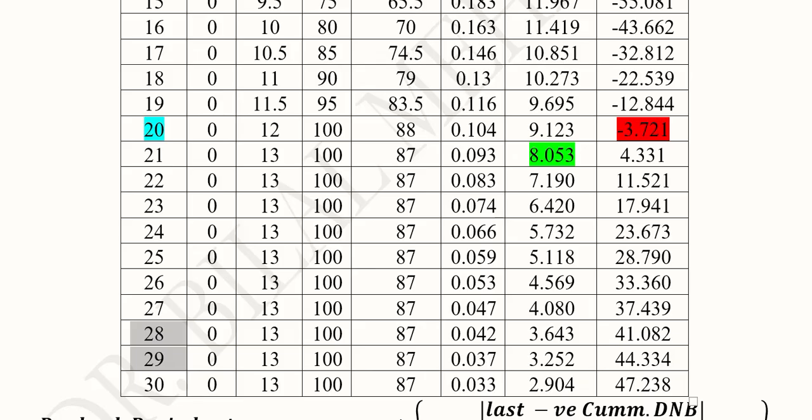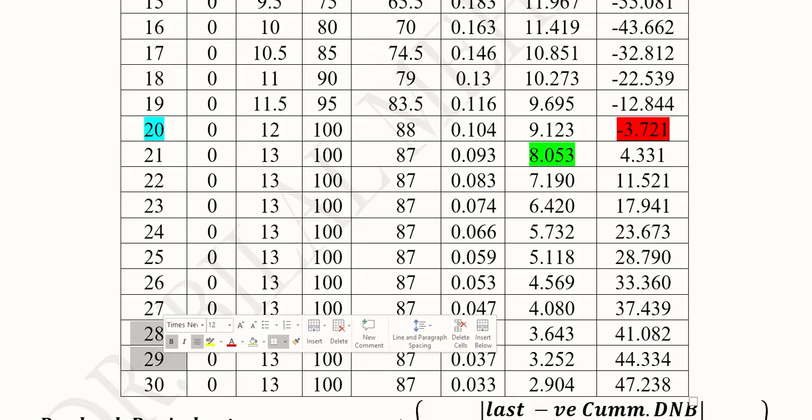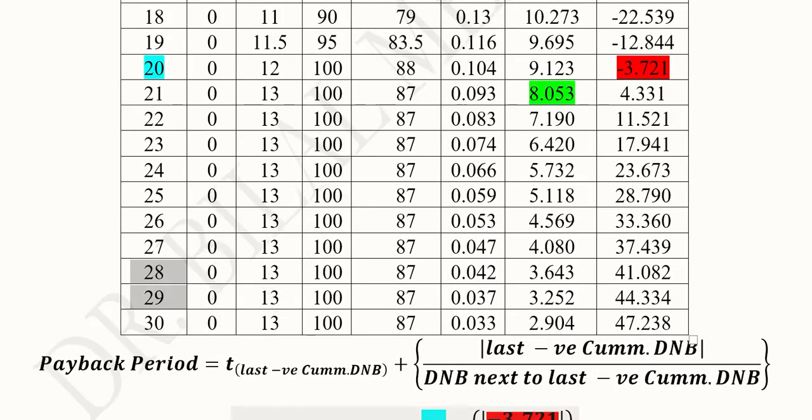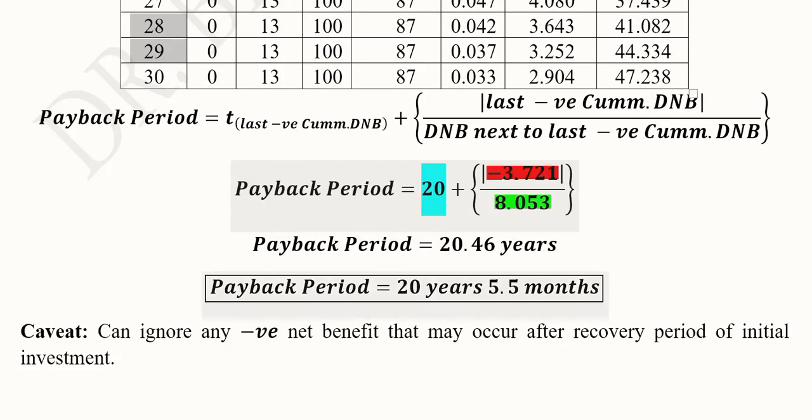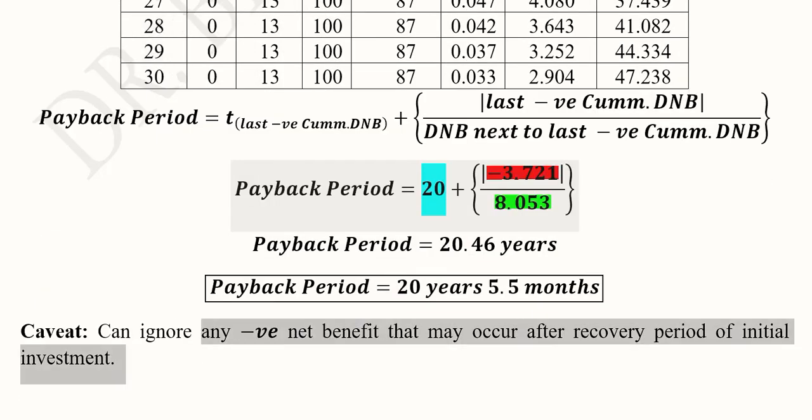We will be having two values, and we will be confused between having 20 and 21 as the two values. In between we will have the payback period, for example. So this is a caveat and a limitation of payback period, and in such situations it becomes difficult to use the payback period.